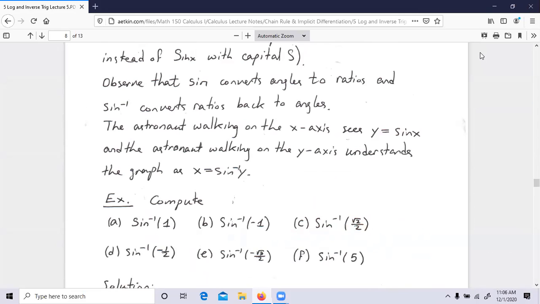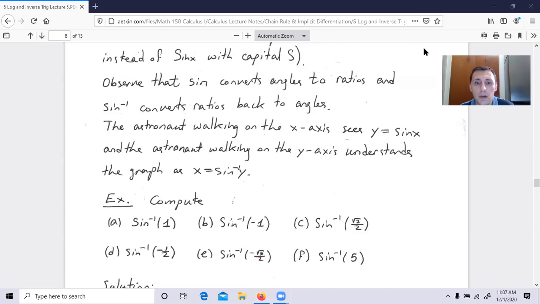In other words, what's the angle between pi over 2 and minus pi over 2 that will be mapped to where you want it to be mapped? Exactly, Sumaya, pi over 4, beautiful. So it's pi over 4.